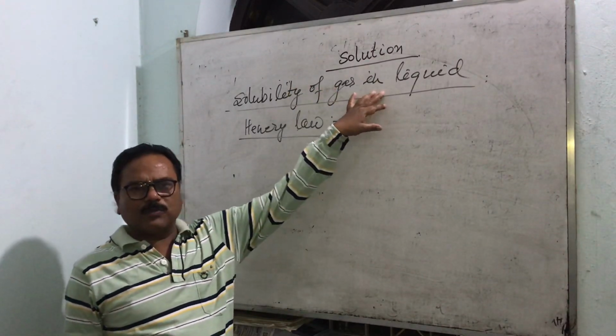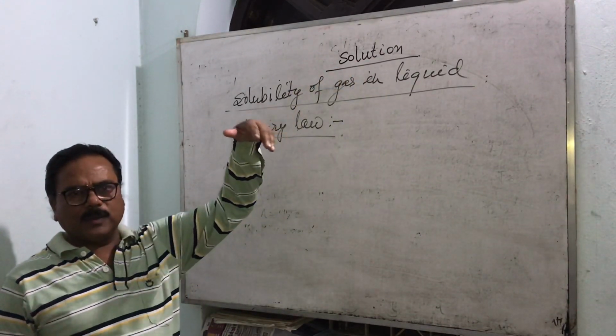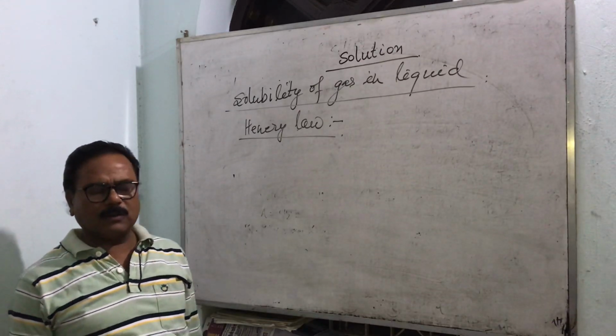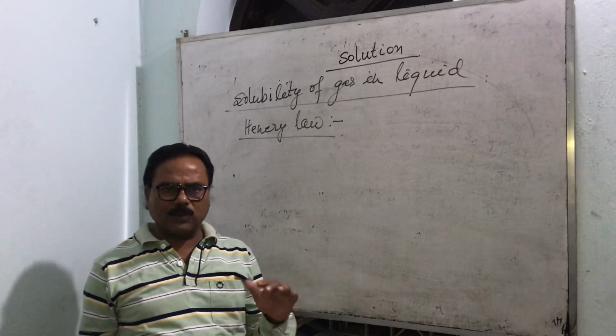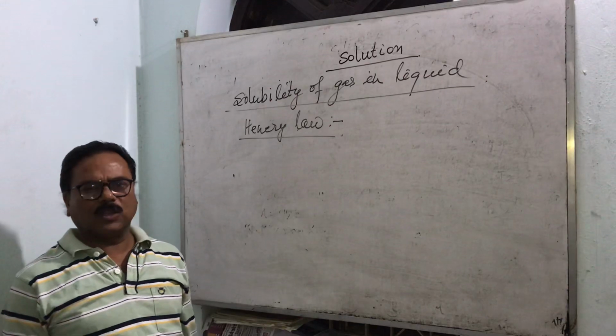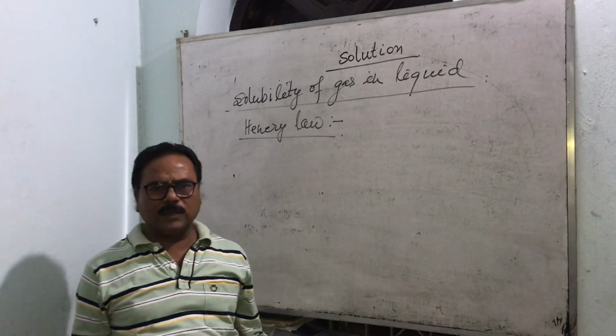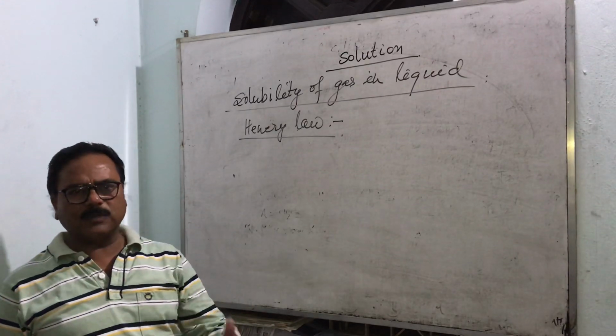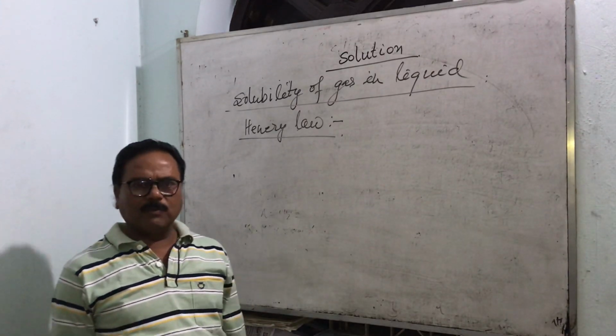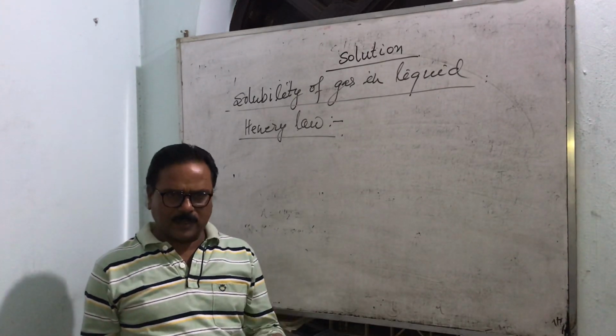When a given amount of a salt is dissolved in a given amount of solvent at a particular temperature, that is called the solubility. Generally, we think that solubility increases as the temperature increases, and decreases when it decreases.